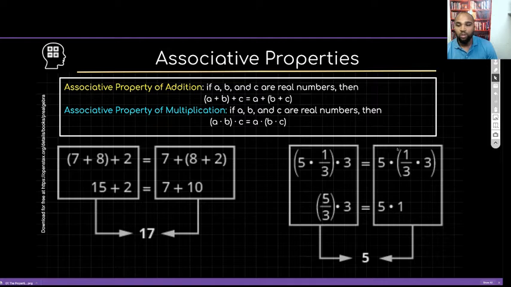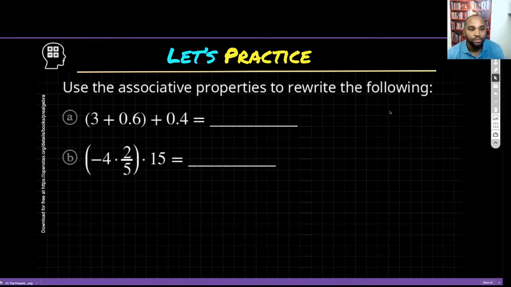Or you could have put your 1/3 and 3 together and just got 1. 5 times 1 is 5. Now, which way would have been easier? Well, you can see this way is much easier than getting a 5/3. You can just think, oh, that's going to be 1. 1 times 5 is pretty simple. So that's an example of how this could work in your favor.